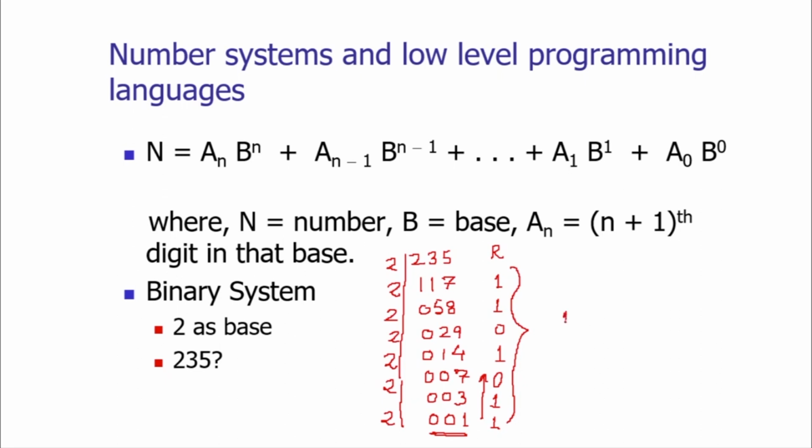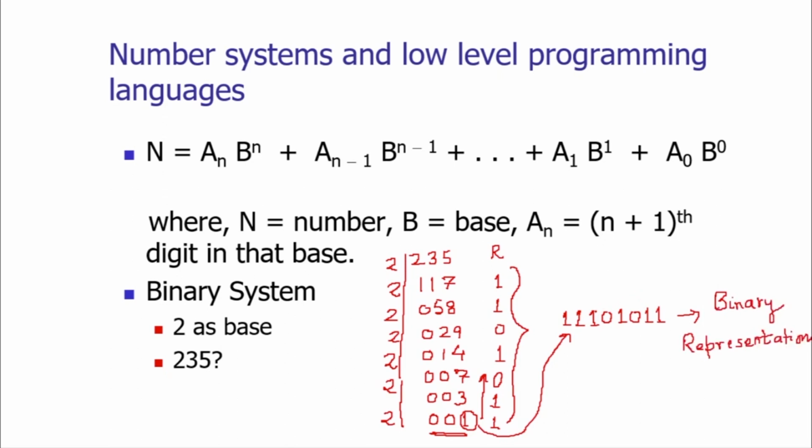So in the remainder column I will start from the bottom to the top: 1 1 1 0 1 0 1 1. So this is the binary number or binary representation.